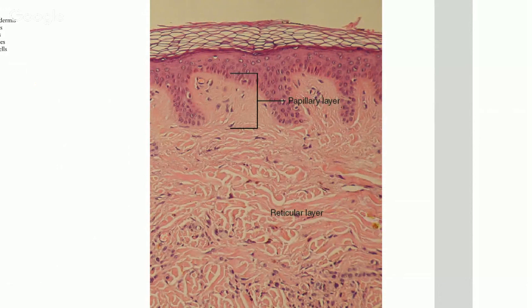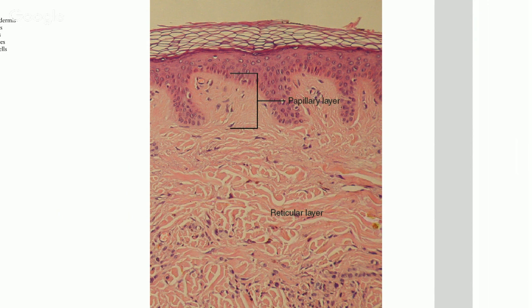So we concentrate a lot on the epidermis. The dermis also has layers. Directly adjacent to the epidermis, the dermis right here is called the papillary layer, and then the rest of it is called the reticular layer. There are 2 different types of connective tissue here. The papillary layer is areolar connective tissue, which we always find next to epithelium.